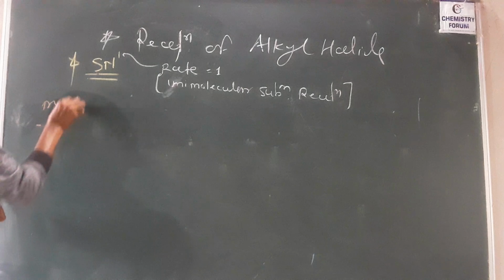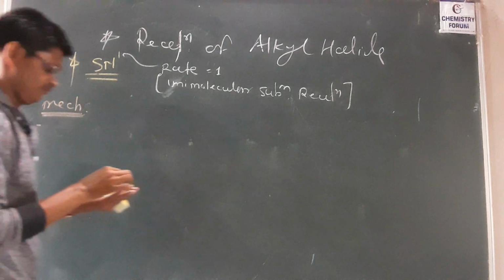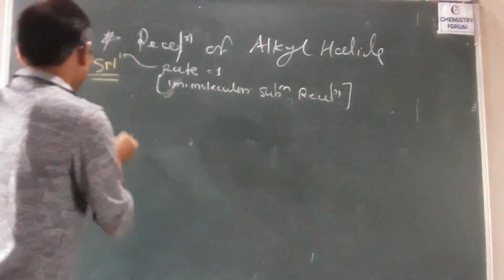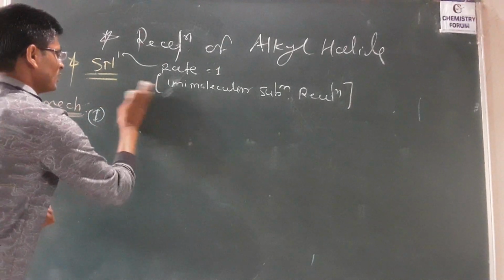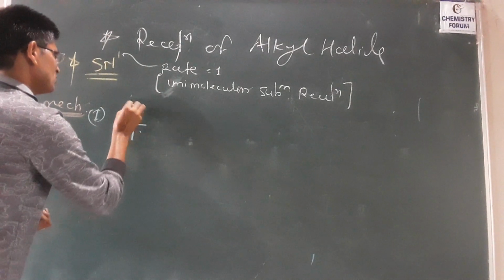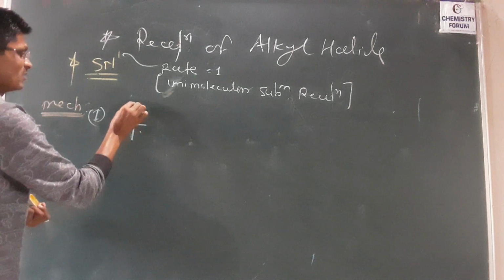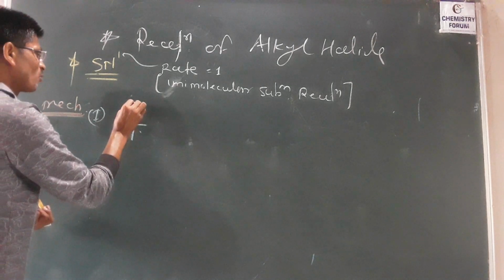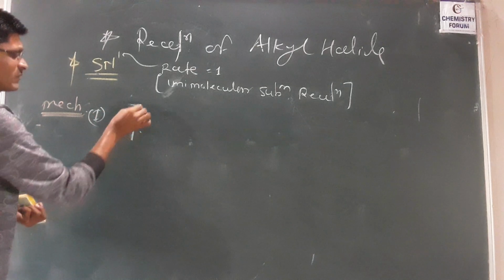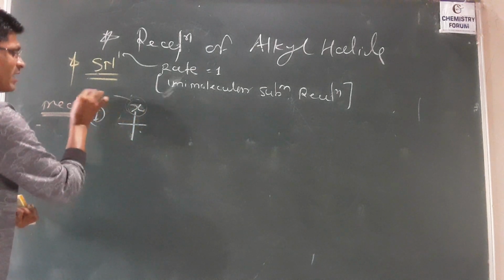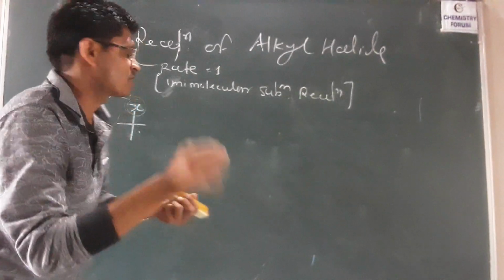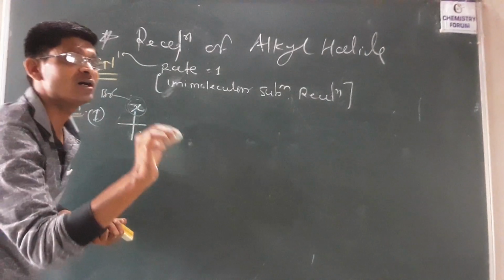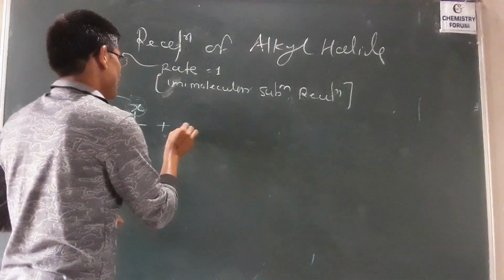If we go for the mechanism, the starting reactant molecule is a tertiary alkyl halide, with a bromine or chlorine atom instead of X, such as tertiary butyl bromide. This is reacted with aqueous KOH.